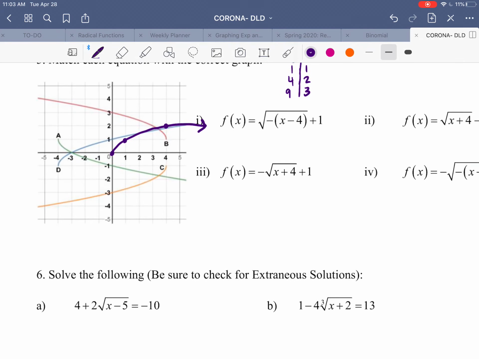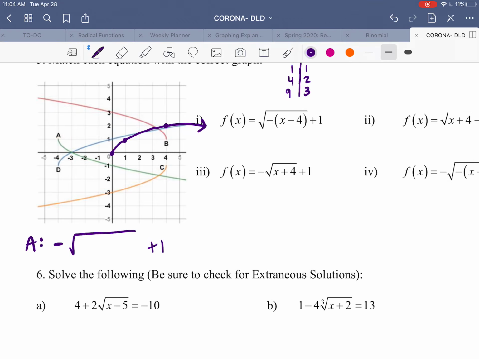If I look at just A, we know that there was a reflection. Well, before I get ahead of myself, let me draw the radical. So we know that there's a reflection. This reflection occurred across the x-axis, which means we're going to have a negative out in front of our radical. Also we know that this graph was over 1, 2, 3, 4 and up 1.